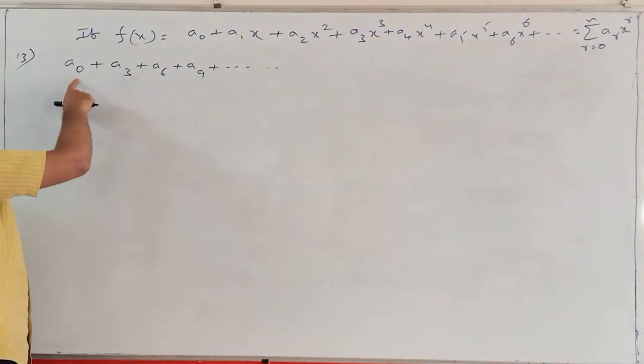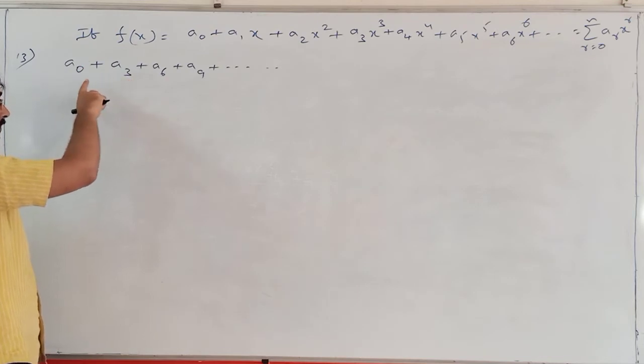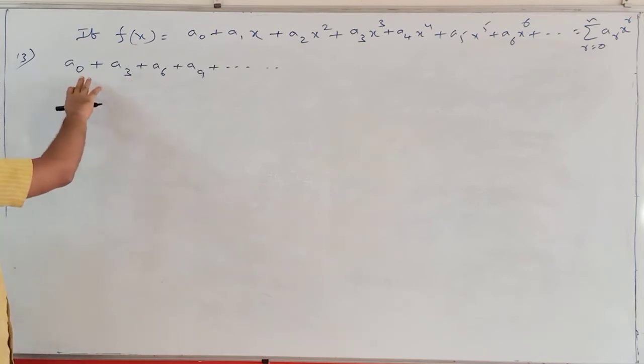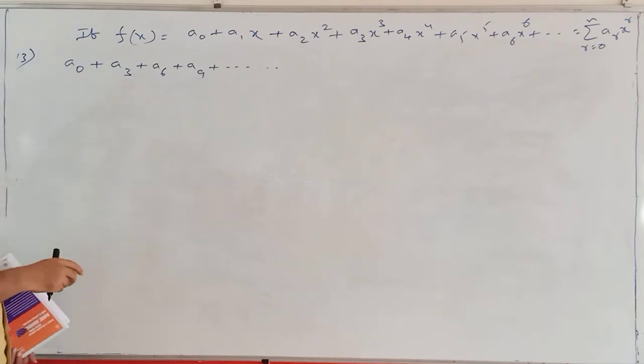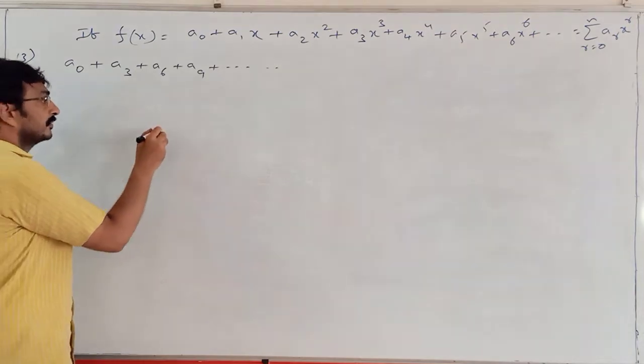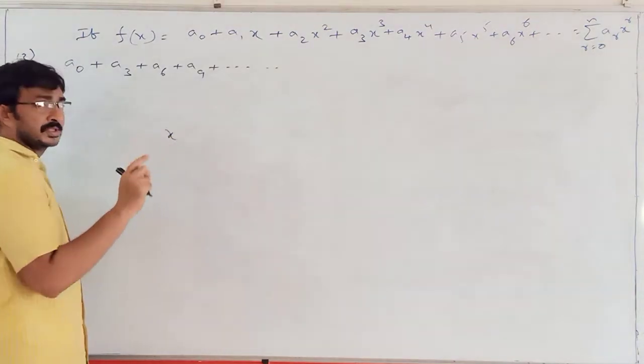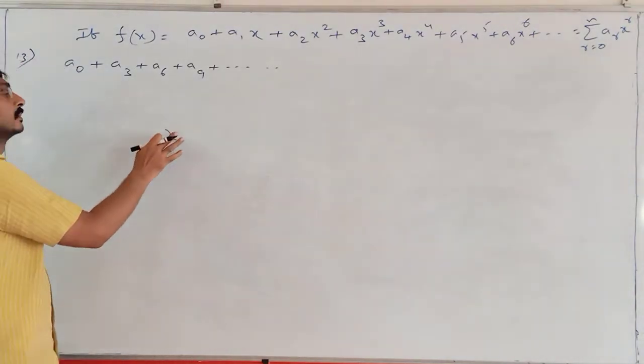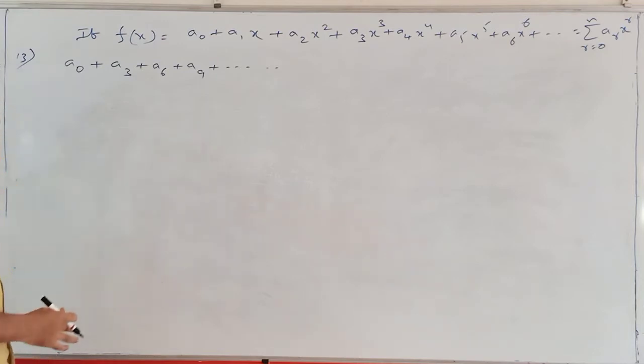The difference between successive suffix values is 3. So what are the roots of unity? The cube roots of unity are 1, omega and omega square.